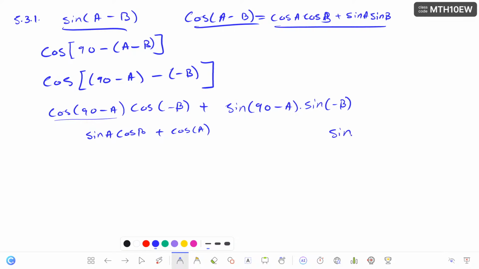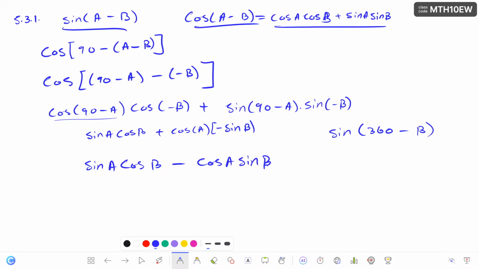So this one is sine 360 minus that angle. And this one is in the fourth quadrant, but sine is negative in the fourth quadrant. So it's negative sine B. So, okay, now multiplying everything, we get our answer as sine A cos B minus cos A sine B. So this is our answer.